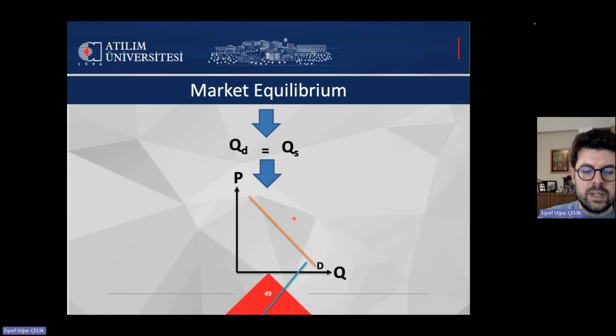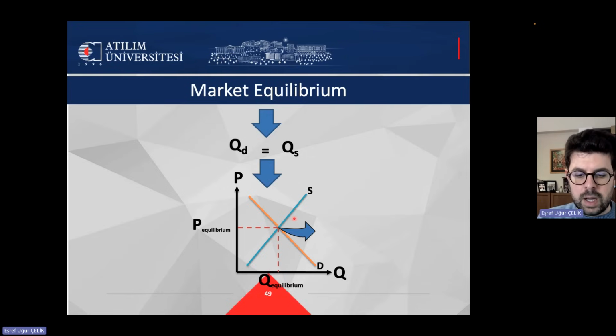This is the demand curve, this is the supply curve. The intersection point of these two curves denotes the equilibrium price and equilibrium quantity, okay? And the intersection point is called equilibrium or market equilibrium.